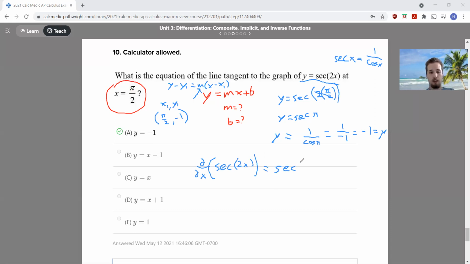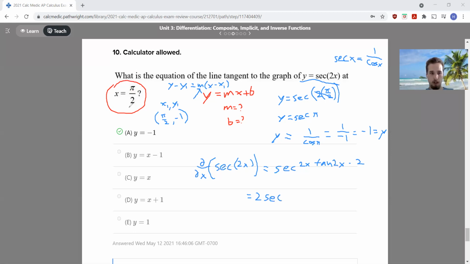So we have to keep the 2x inside. That's the derivative of secant, secant tangent. And then the derivative of the inside, 2x, is just 2. So 2 secant of 2x tangent of 2x.